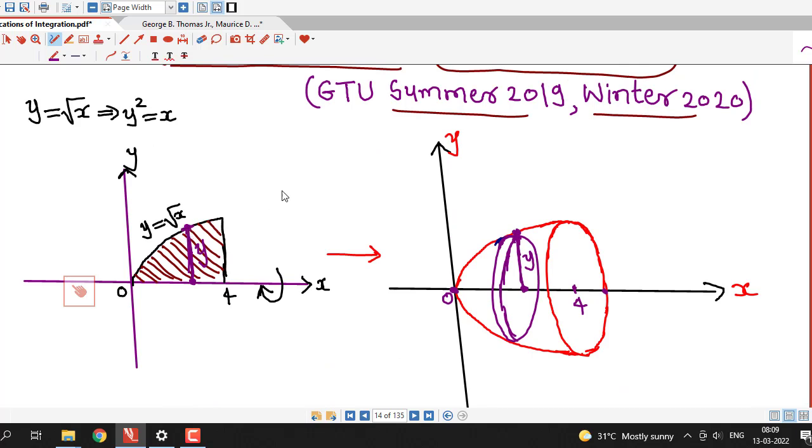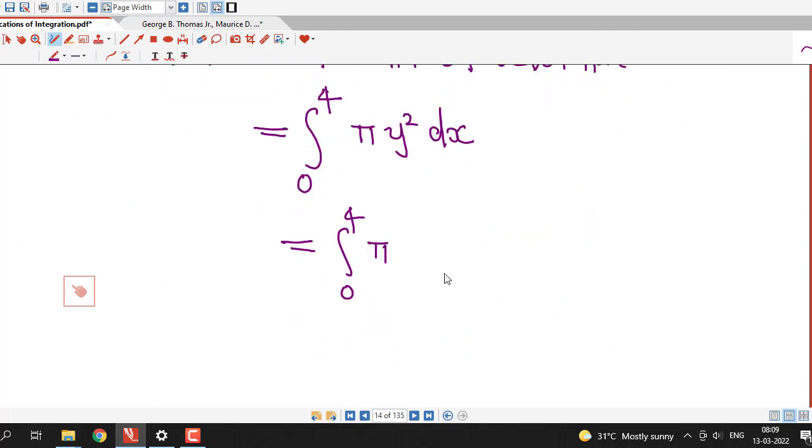Here the upper curve is under root x and here the value of y is 0. So the radius is y equal to square root of x. So we substitute here square root of x whole square, and this is easy to integrate.